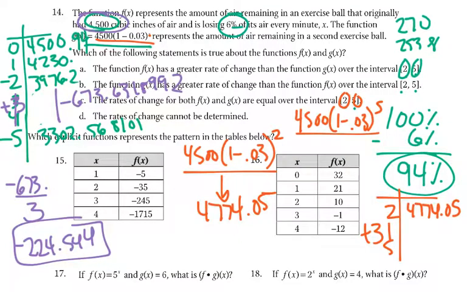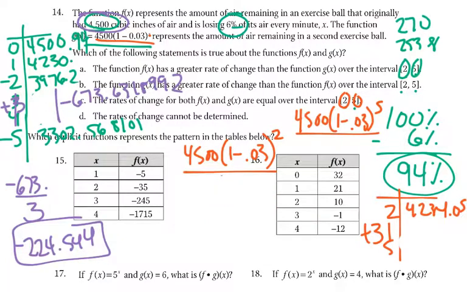Okay, and we get 5,216. Oh, hold on. I typed it in wrong. I forgot the minus. Because that's getting bigger and that shouldn't be. We're losing there. So that should be 4234.05.